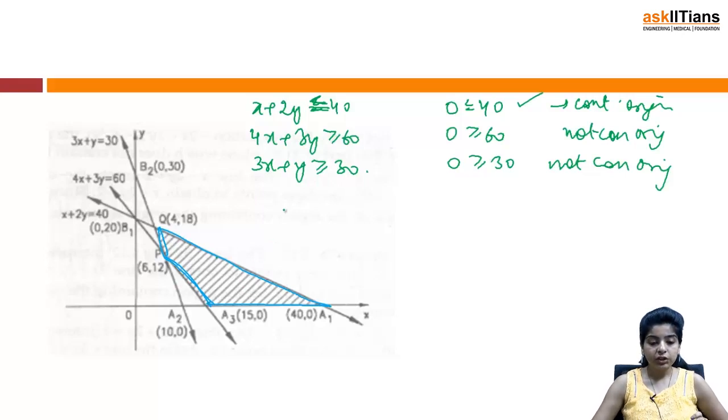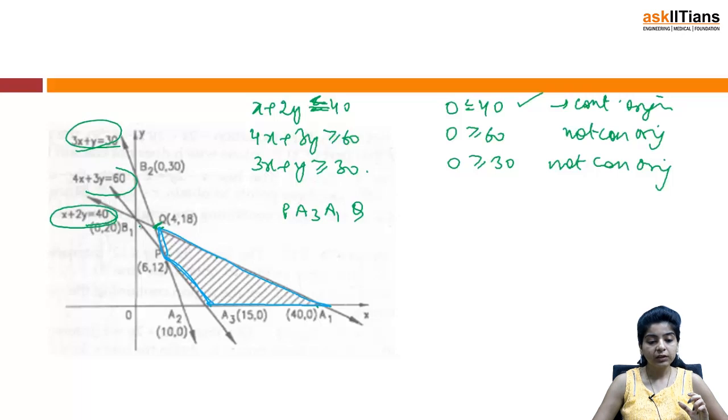So the region is P, A3, A1 and Q. You know A3, you have the coordinates of A1, you have to find out the coordinates of Q and P. Q is the point of intersection of the line 3x plus y equal to 30 and the line x plus 2y equal to 40. So using that you can find out the coordinates of Q, and similarly P is the point of intersection of this line and this line, so you can find out the coordinates of P.